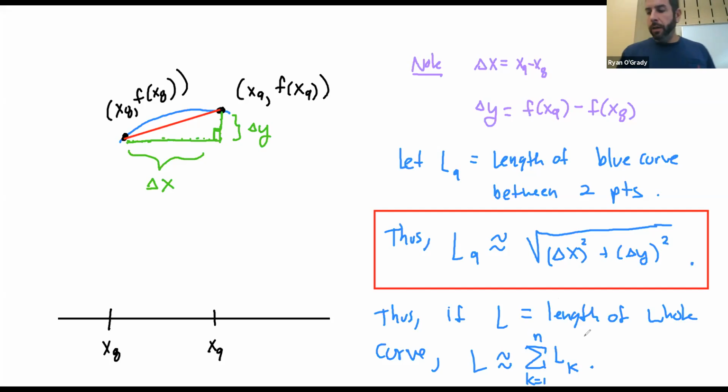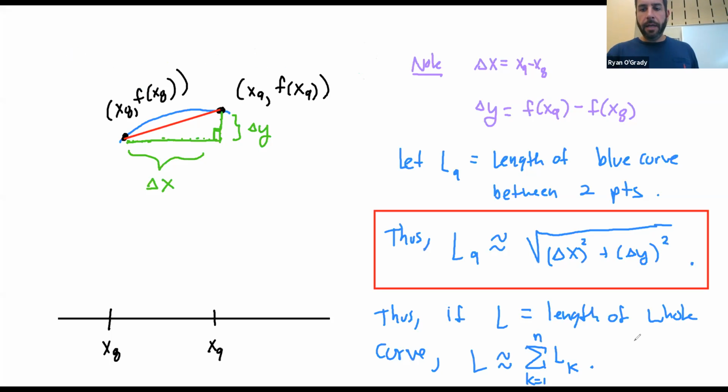Okay, so here's the important part now. So it remains to show that this sum, let me be a little more careful. I think I wrote something down wrong. Let me go back. Yeah, let me be careful. What I wrote here, let's fix this. This is technically not correct.